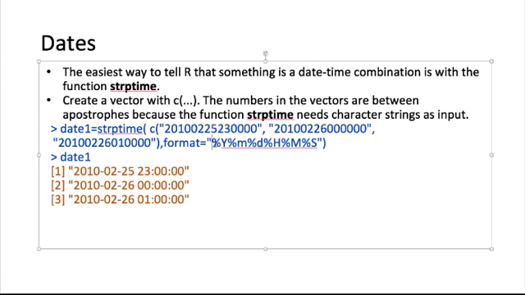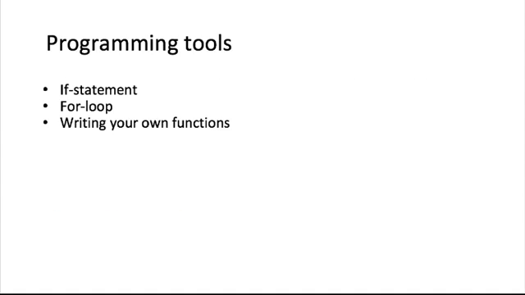So this tells R that we have a year value first. After that we have the month, then we have the date, then we have the hour, minute, and second, so that it knows how to interpret each of these values. And now we've stored these into this variable called date1. When we run or call date1, we're going to get each of the values that we've stored in this vector.